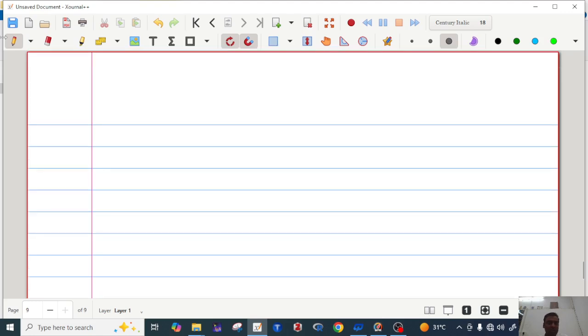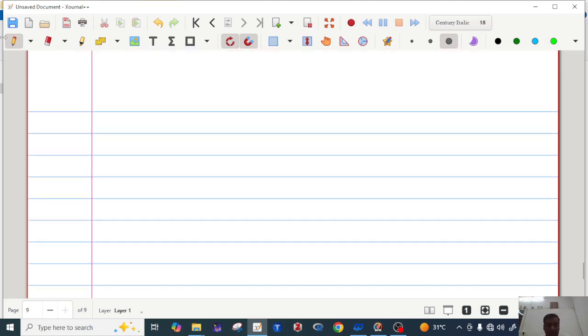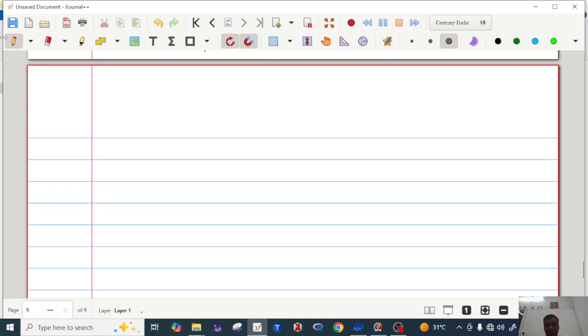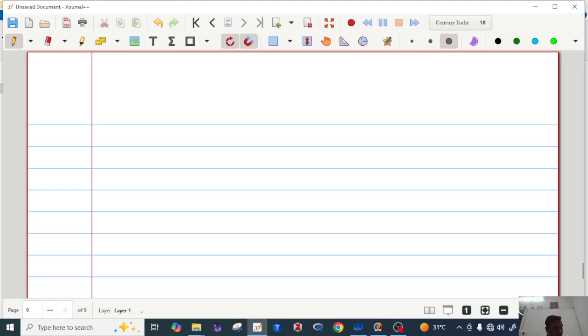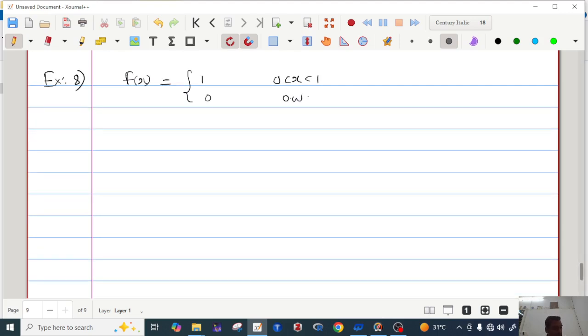This way raw moments and central moments are defined for the continuous random variable. Let's see one example based on this. So this is the PDF, f of x is the PDF. And it is asked to find out the raw moments.